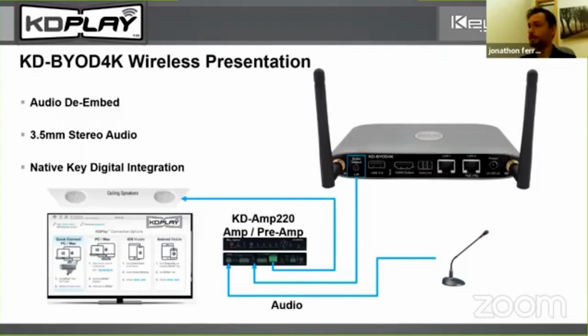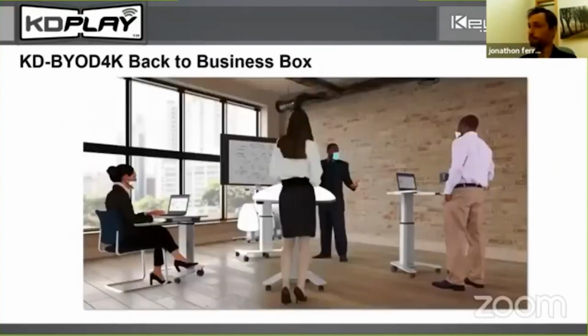So now you could speak into a microphone, have a nice enforcement of that speech, and have the BYOD 4K, the casted computer, have a nice mix level with the microphone to really have a perfect solution for your room if it's a little more of like a medium-sized room, or larger, even using our amplifier as a preamp.